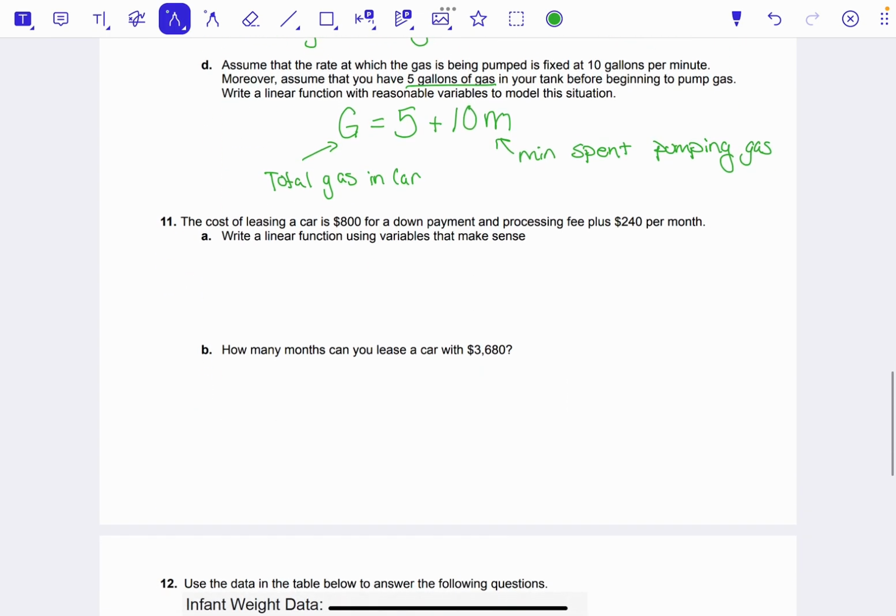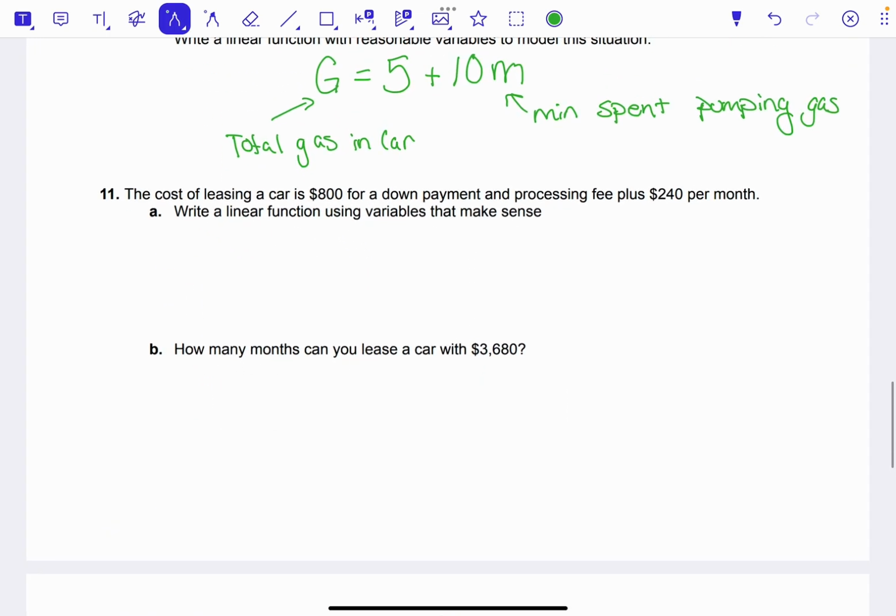Okay, moving on to question 11. We are leasing a car, and there's a down payment of $800, with the down payment and processing fee, and then it's going to be $240 per month. Stay tuned for our finance unit to figure out how to figure that number out. We're going to write a linear function because you're adding that $240 every month to how much you've paid.